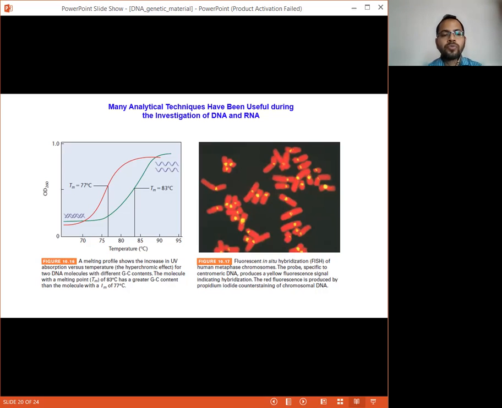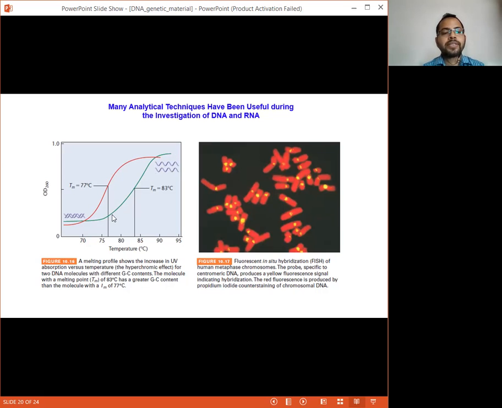If you repeat this experiment at different temperatures, the graph will look like this. The midpoint of that particular graph is known as melting temperature. That is one experiment for the red one, and another experimental result for the green one.